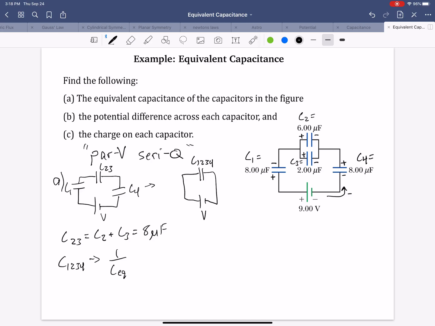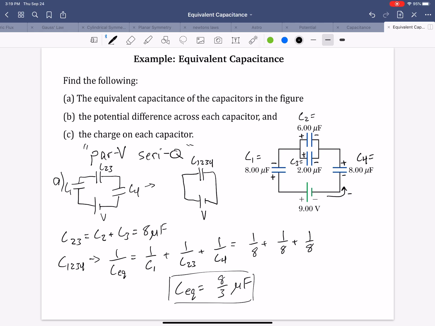So the equivalent is actually equal to 1 over C1, plus 1 over C23, plus 1 over C4. And this is 1 over 8 plus 1 over 8 plus 1 over 8, which is 3/8. Flip and multiply gives us an equivalent capacitance of 8/3 microfarads, or about 2.66 or something.